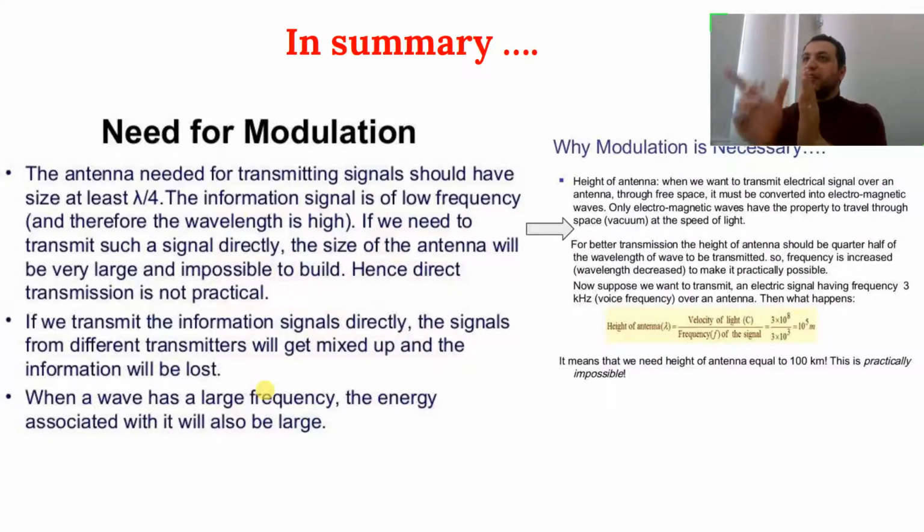So modulation allows you to shift each user signal to a certain band, a certain frequency that's not interfering with the other frequency, and therefore each one gets his data successfully.